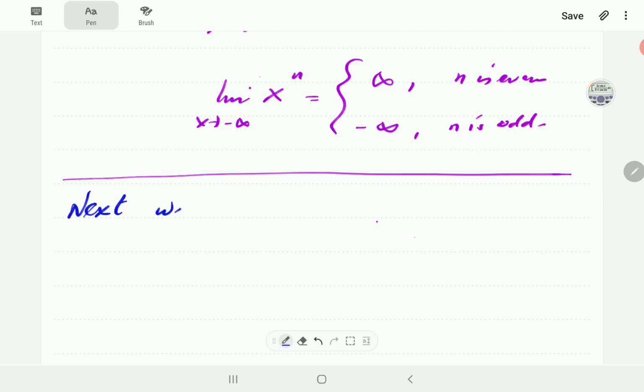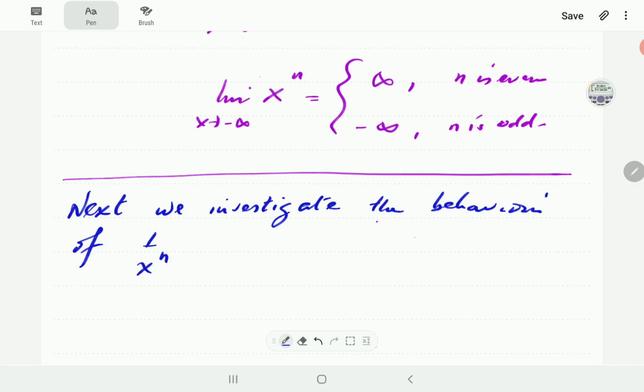Next we're going to do the same investigation. So next we investigate the behavior of reciprocal powers of x this time. So we investigate the behavior of 1 over x to the power n.